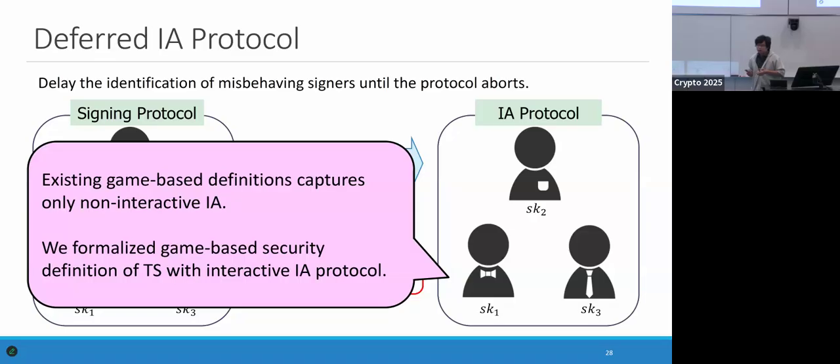This property allows us to check the validity of a partial signature without any communication. However, for Threshold Raccoon, the masking technique prevents partial verification, so it is hard to avoid an interactive IA protocol in our context. So we formalize a game-based definition of threshold signature with interactive IA protocol.